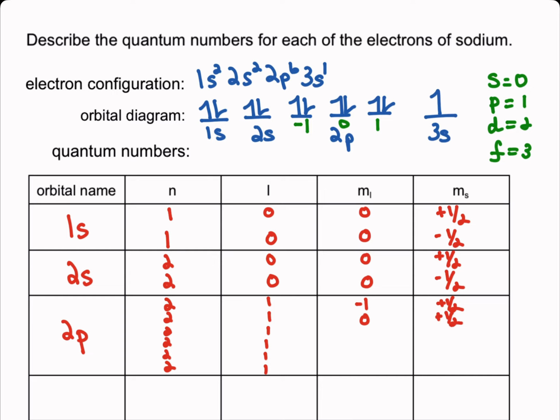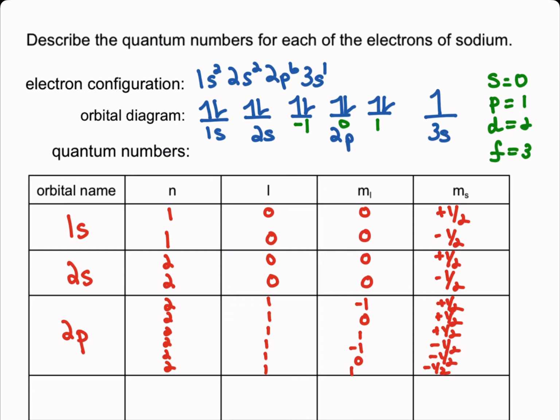The third electron is in +1, it spins upward. The fourth electron comes back to -1, but it spins downward, so it's -1/2. The fifth electron is in 0, it spins down. And the sixth electron is in 1, and it spins down.